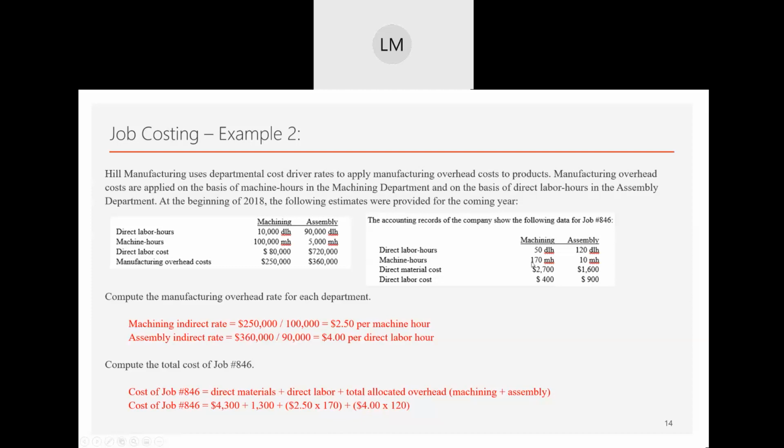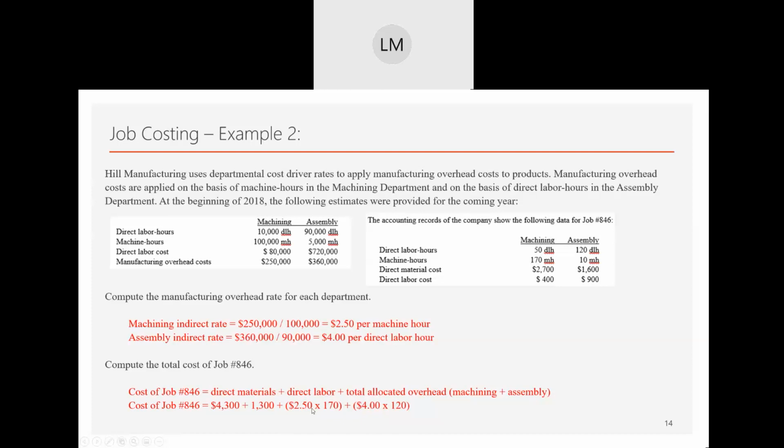Well, 170. So I'm going to take that $2.50 per machine hour, multiply that by the 170 machine hours incurred in the machining department for job 846, and that's going to give me part of my overhead. And I've got that right here.